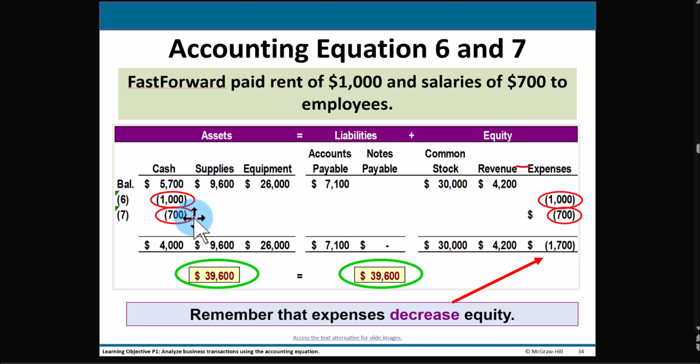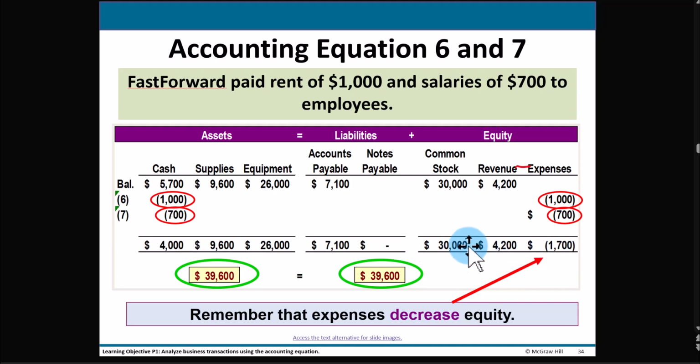And then the other cash spent is the $700, reducing your cash balance to $4,000 here at the bottom. And then the other side is expense getting bigger. But because it's negative, you're subtracting it here from the right side on the equity. Equity is getting smaller. So now when you add up the 30,000, you add the 4,200, you minus 1,700 expenses.